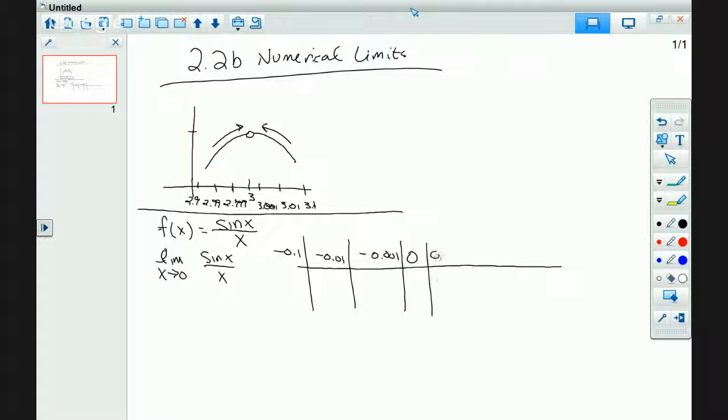And over here, we start from the right, the positive side, and get closer and closer to it, because these numbers get smaller and smaller. The question is, what are those values? The big question is, what's this one right here? That's what we want.